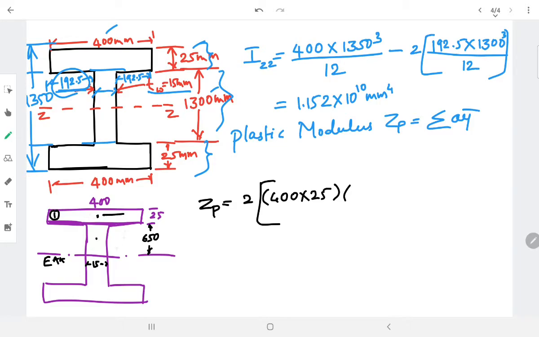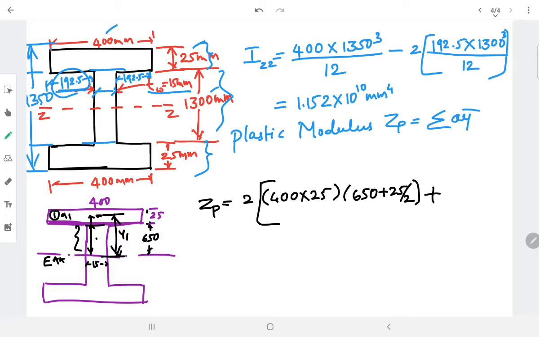Y bar is the distance from here to here, so this is A1 and this is Y1. So the distance from here to here is already 650 and this height is 25. So 650 plus 25 by 2. So this is 650 from here to here, and plus 25 by 2 will be Y bar.